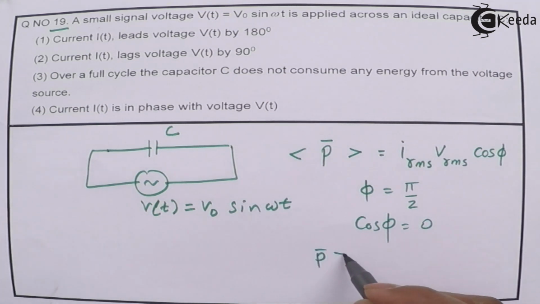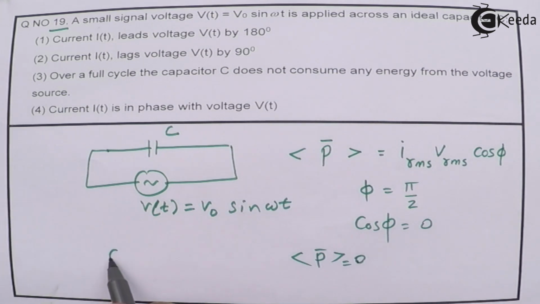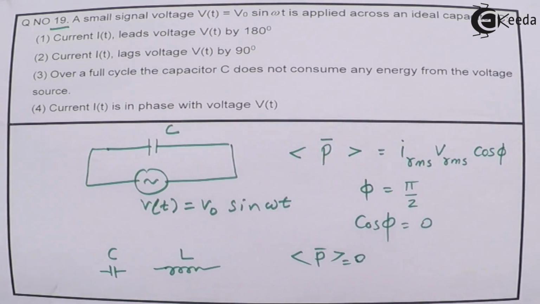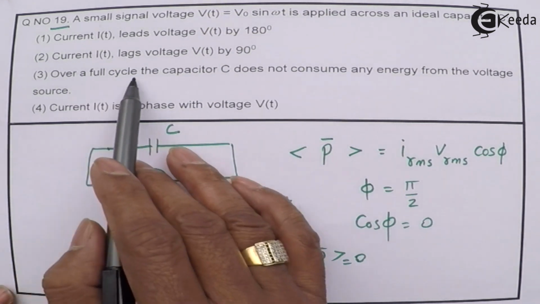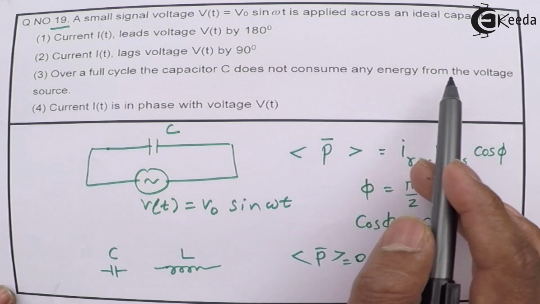So average power consumed in any purely capacitive or purely inductive circuit is 0. So over a full cycle, the capacitor doesn't consume any energy. That is correct.